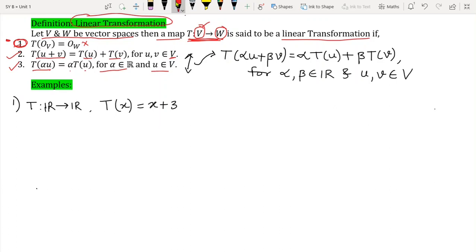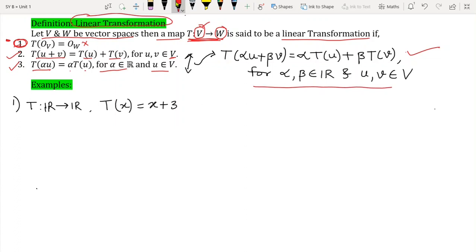Now note, these two conditions can be combined together into a single one. So mostly we will use this condition in order to check or show whether the given function is a linear transformation or not.